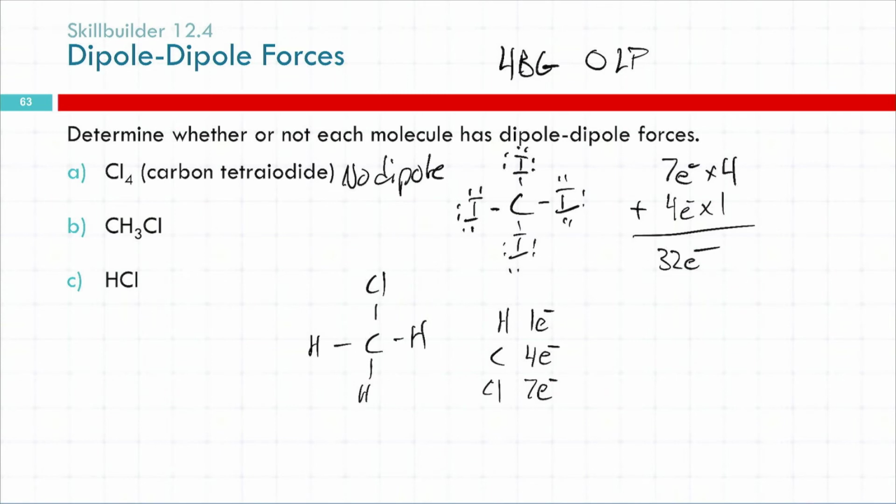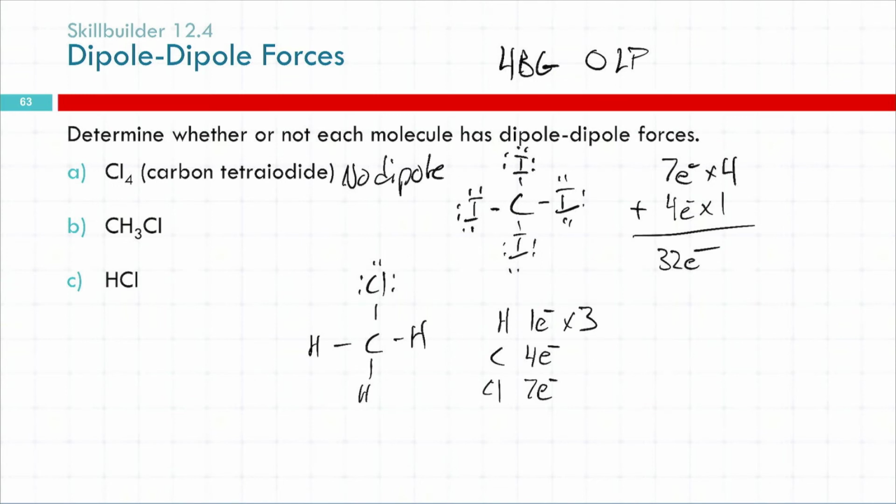So we have a total of 12 electrons. So we've already have 8, 9, 10, 11, 12, 13, 14. Did I miscount? 1, 2, 3, 4, 5, 6, 7, 8, 9, 10, 11, 12. Oh, right, times 3. So we have 14 electrons.